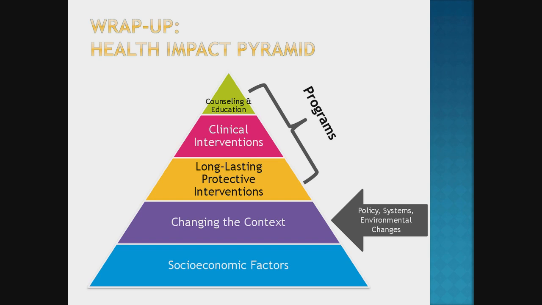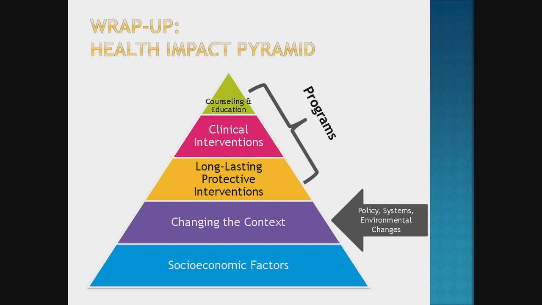And revisiting this health impact pyramid once more, remember that programs often operate in the top 3 tiers of the pyramid. So that's counseling and education, clinical interventions, and long-lasting protective interventions. Policy, systems, and environmental changes operate in the 4th level of the pyramid, which is changing the context, or working to make the healthy choice the default choice, or the easy choice.